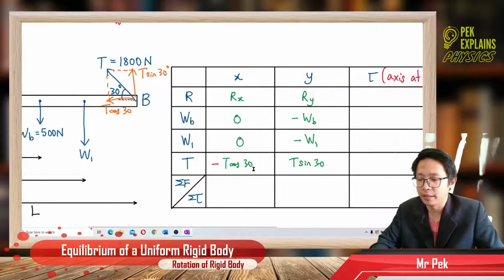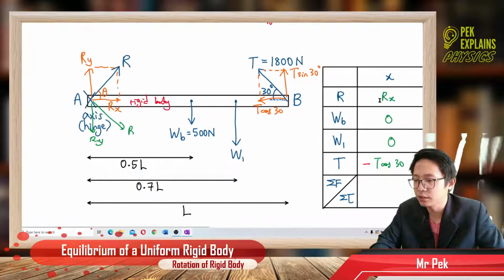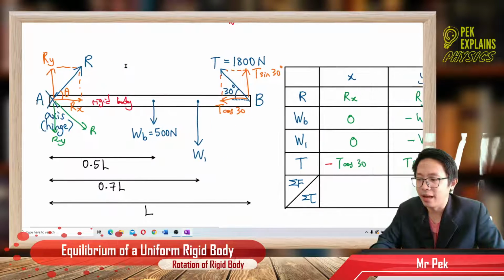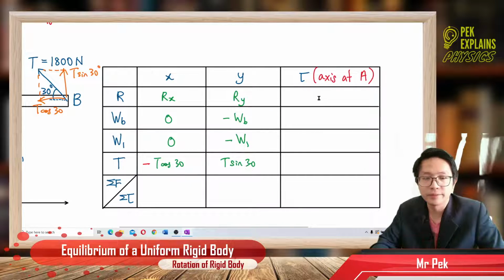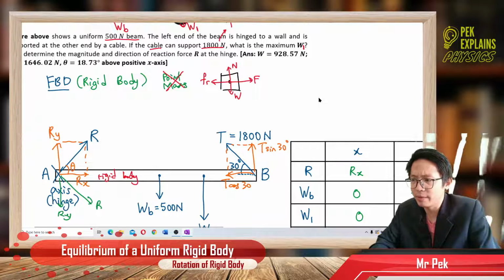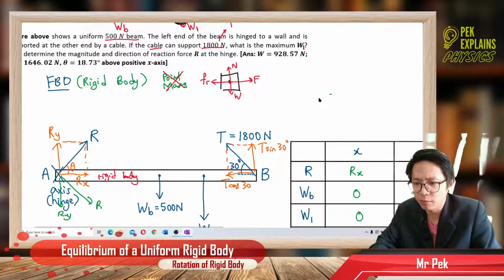Okay, now for torque, let's look at torque. For torque, the axis of rotation is at A, so same point as R. So is there any torque for R? Before that, let us go back to the formula for torque.